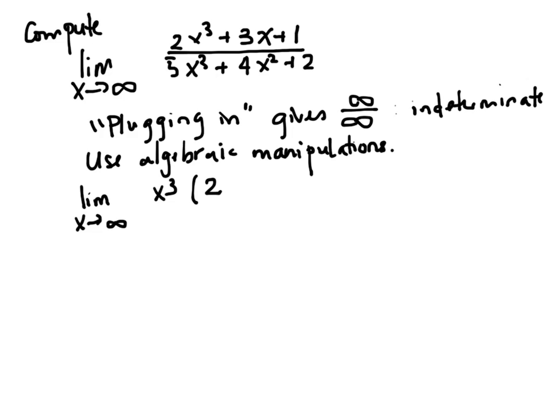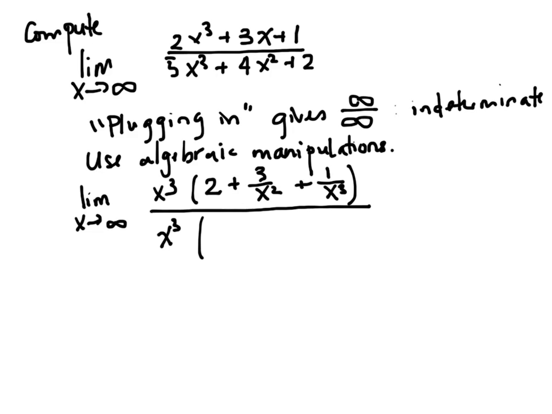So if you do that in the numerator, you'll get 2 plus 3 over x squared plus 1 over x cubed. And in the denominator, if we factor out an x cubed, we'll get 5 plus 4 over x plus 2 over x cubed.